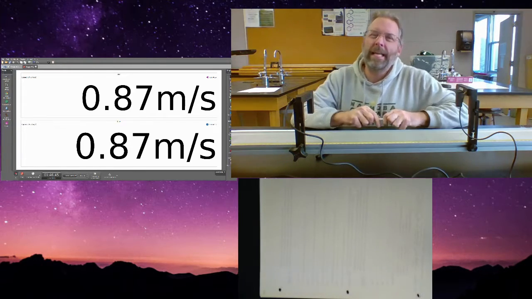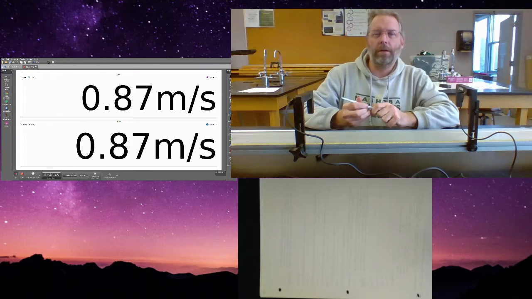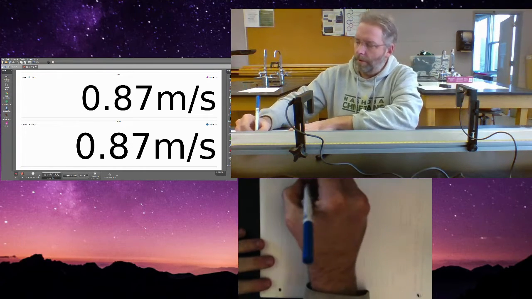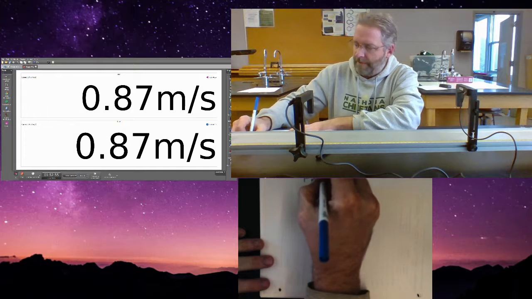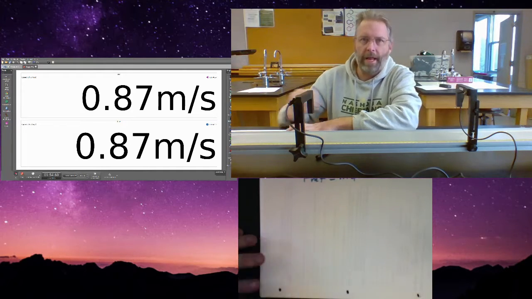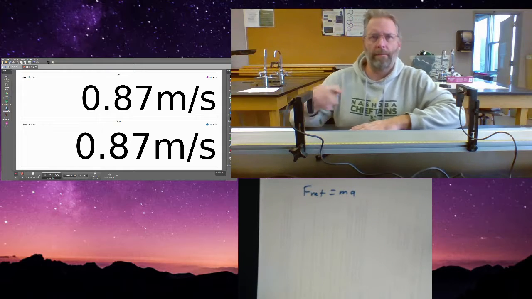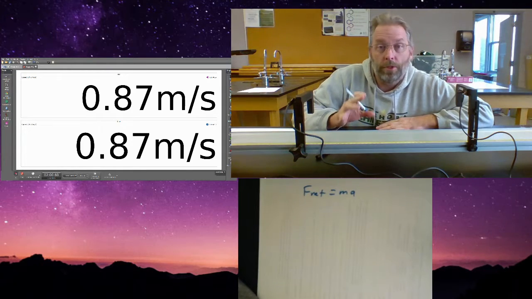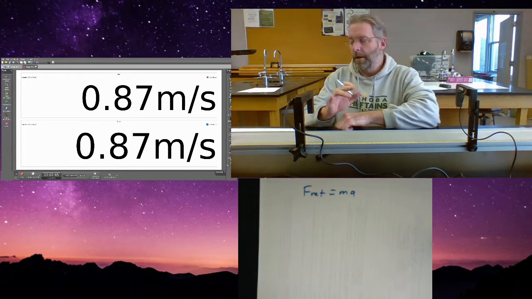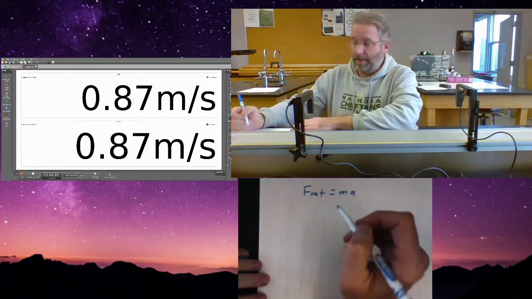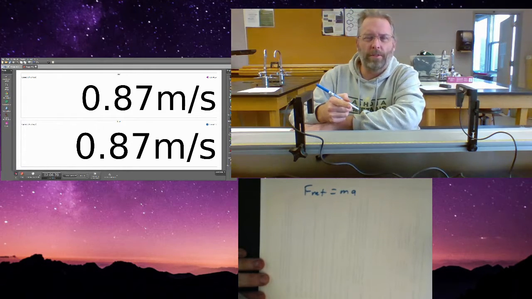So let's think a little bit about this. Let's think about Newton's laws first. F net equals ma. It's a pretty handy one to think about. But we're also going to need to think about Newton's third law. Why do I need Newton's third law?